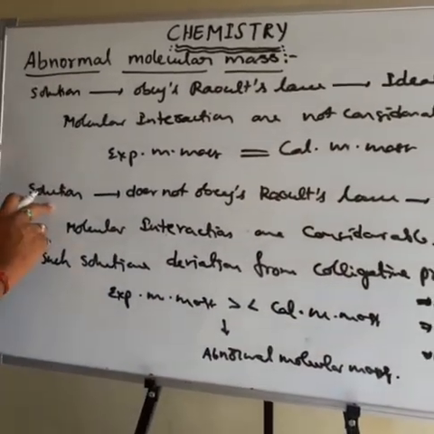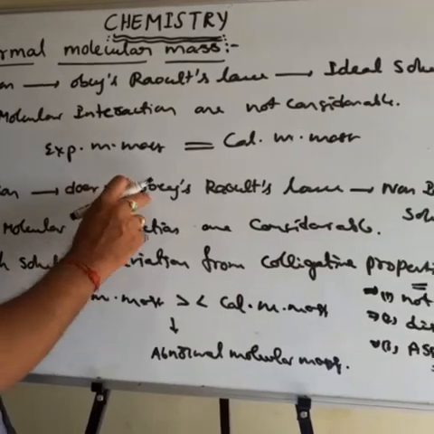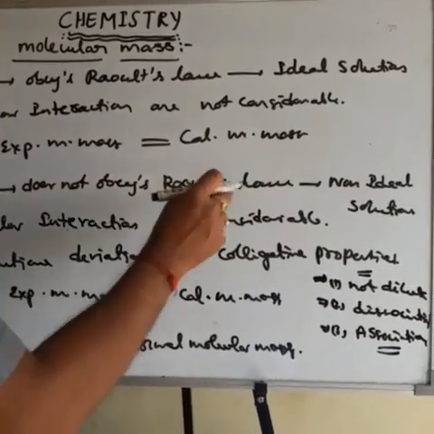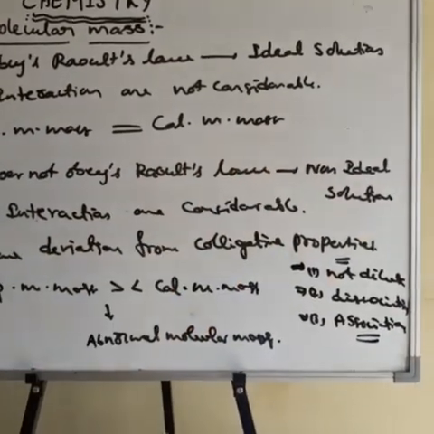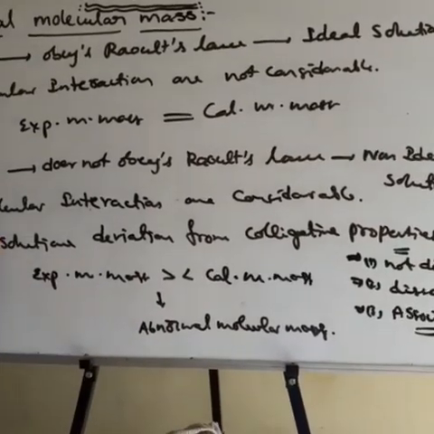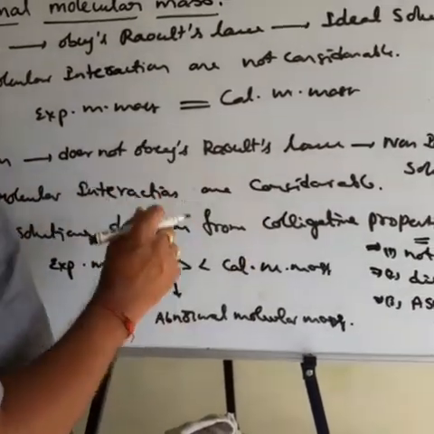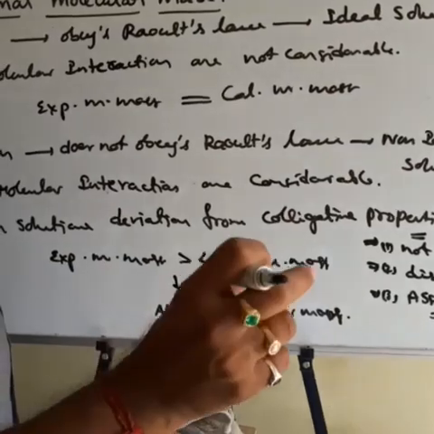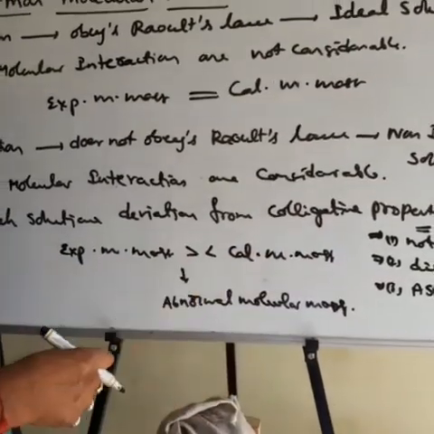But the solution which does not obey Raoult's law is called a non-ideal solution. In non-ideal solutions, molecular interactions are considerable, whether between any two solute particles, between solvent particles, or between solute and solvent particles.